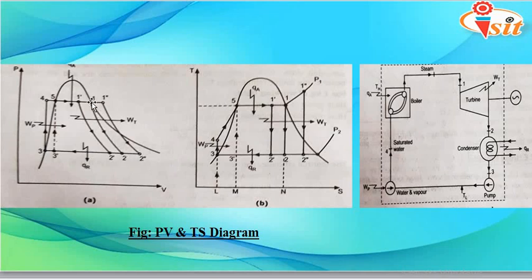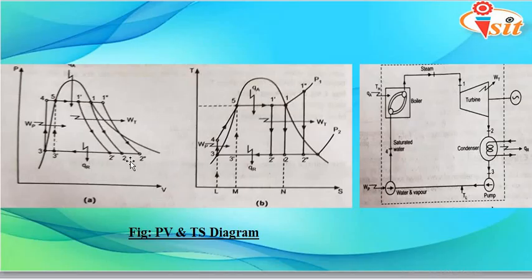Right now just consider this middle line, that is the process 1 to 2, where there is a sharp drop in pressure. On the vertical axis we have pressure, and with the help of the arrow you can easily understand that there is a sharp drop in pressure. Point 1 is prior to the turbine and point 2 is after the turbine.